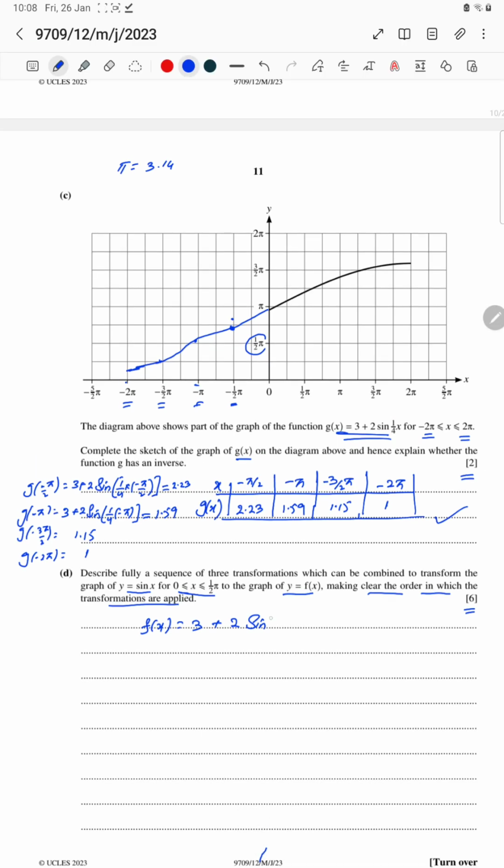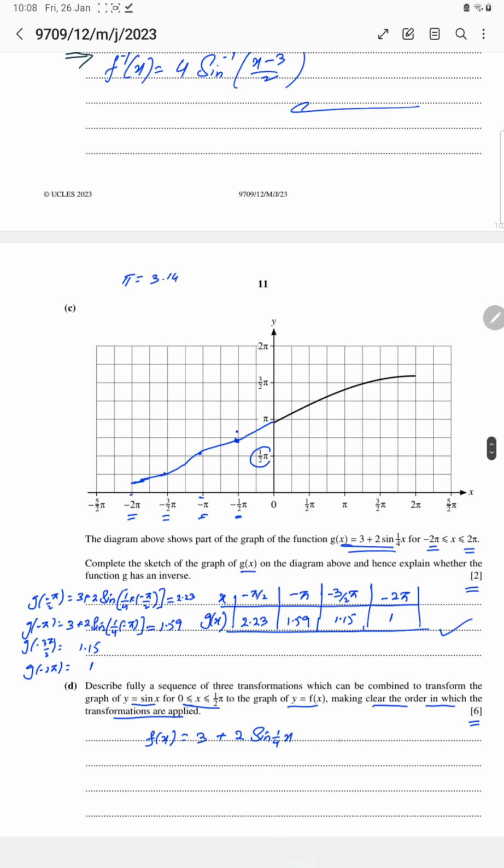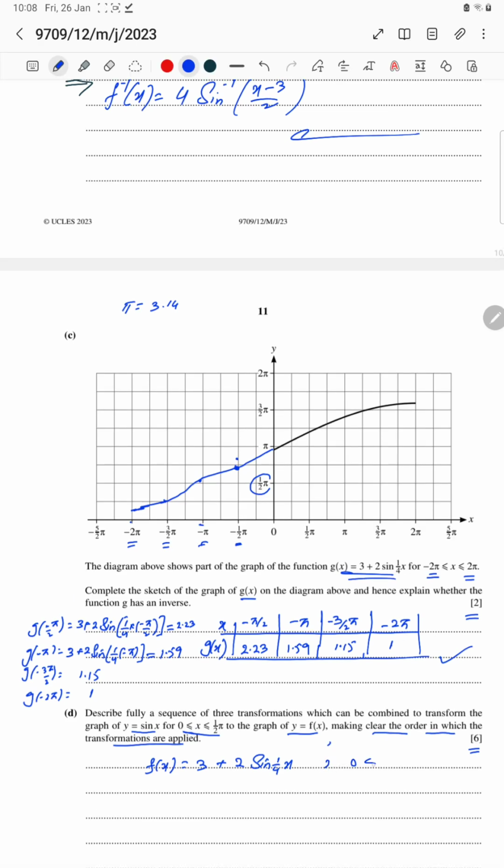This was given, and we need to write the transformations for this, along with 0 less than or equal to x less than 2 pi.